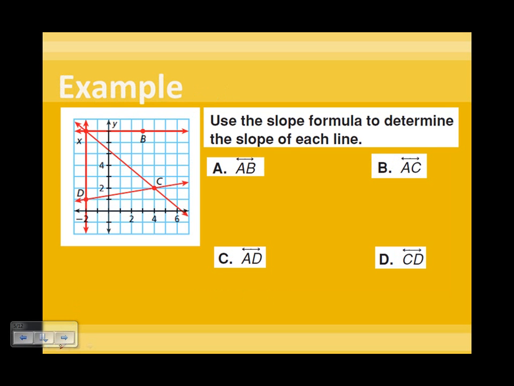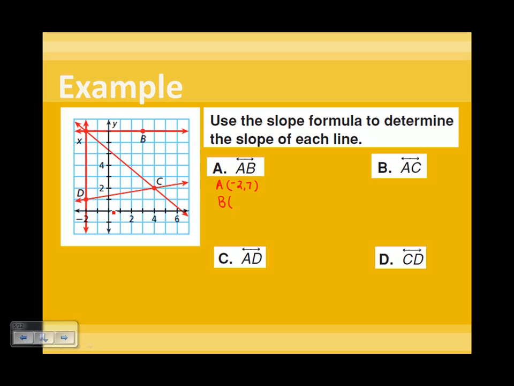So let's practice just to recall what you did last year. If we wanted to find the slope of line AB, we need to know what the coordinates of A and B are. I can't even locate point A. I'm assuming it's here because it's the one that's not marked. So the coordinates of A would be -2 and then up 4, 5, 6, 7: (-2, 7).